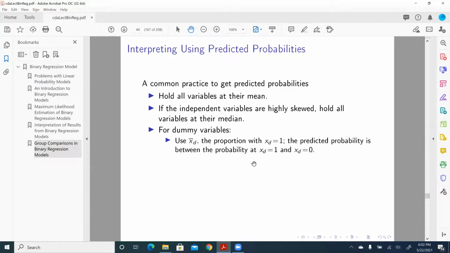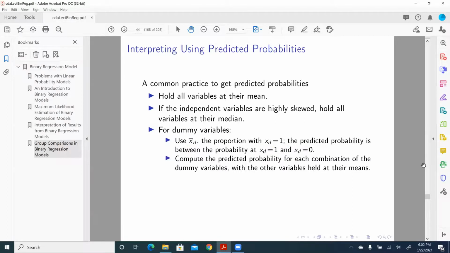What we can do is use the sample mean of that dummy variable, which is literally the proportion with that dummy equal to 1. Then the predictive probability is between the probability at dummy equal to 1 and dummy equal to 0. You can try that out.